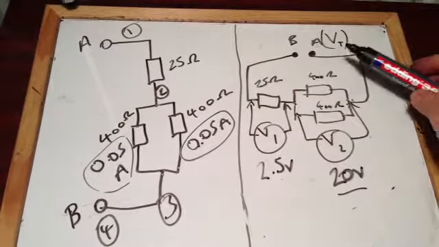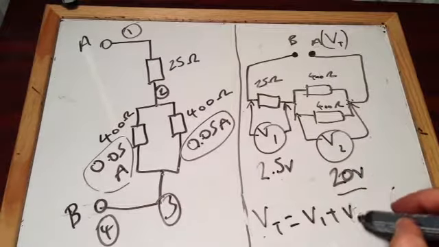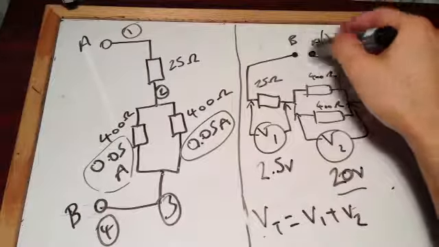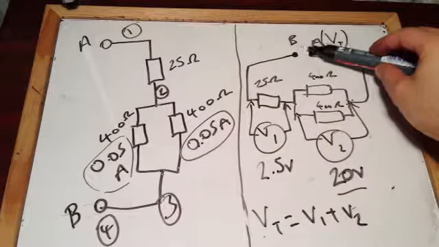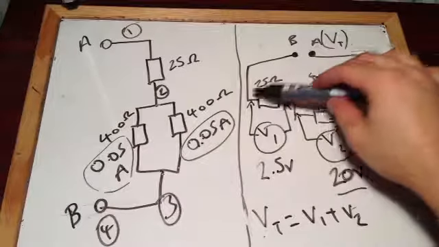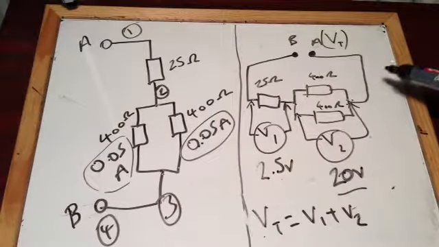So therefore, I know the V total equals V1 plus V2. Whatever the total voltage is in the battery or power supply, that voltage is shared amongst each of the components. If there was another series resistor here, it would be shared amongst that one as well.